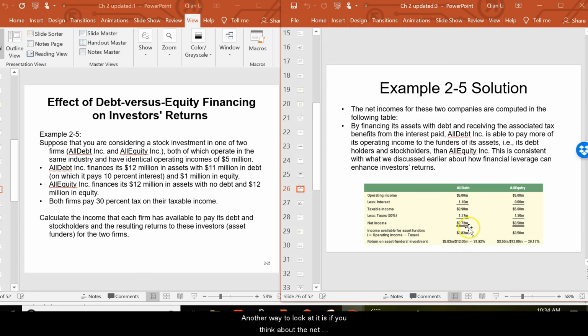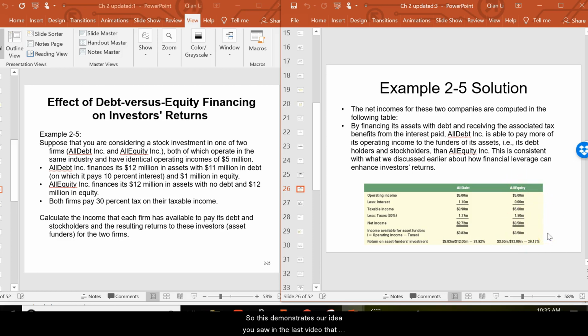Another way to look at it is the net income available to common stockholders for the All Debt company, which is 2.73 million. But that is based on only 1 million investment in equity by the shareholders. So 2.73 million divided by 1 million is actually a 273% return on equity, compared to 29% for the All Equity company.